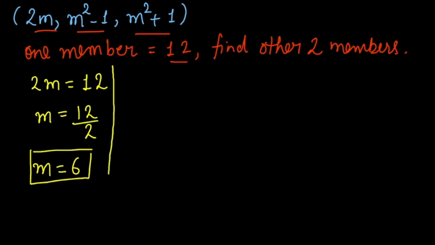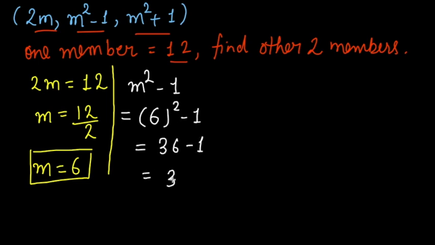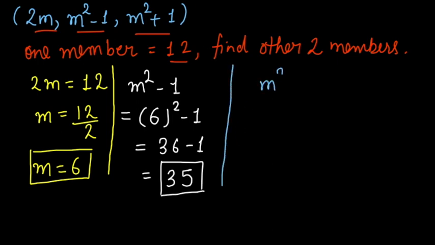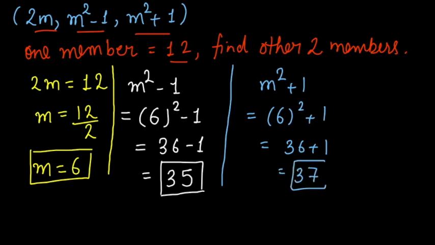Now to calculate the other two members of the triplet, if I place m square minus 1, the value of m I have already calculated, which is 6, 6 square minus 1, which is 36 minus 1, and hence 35 is the second member of the Pythagorean triplet. Then I calculate the third member, which is m square plus 1, the value of m remains the same, 6 square plus 1, 36 plus 1, and hence 37, right?